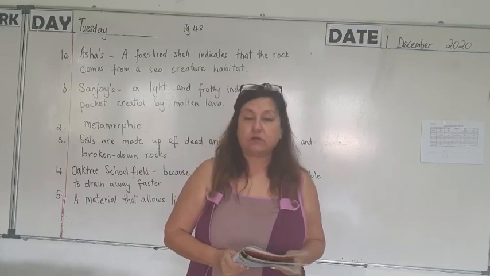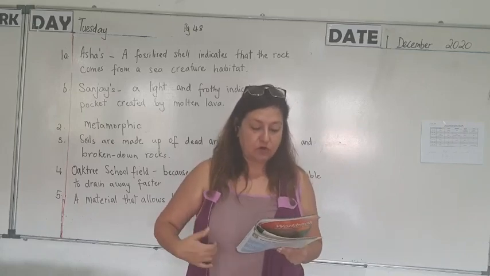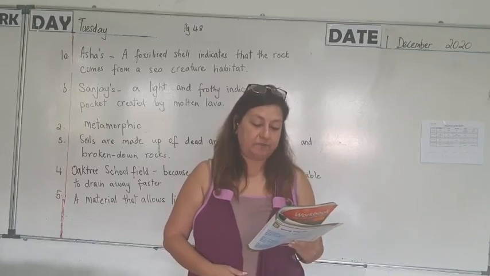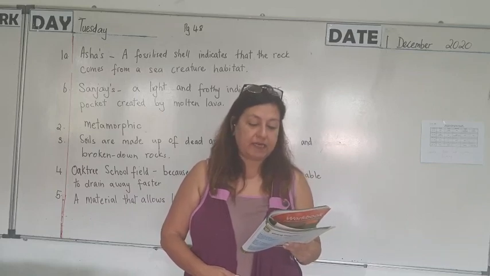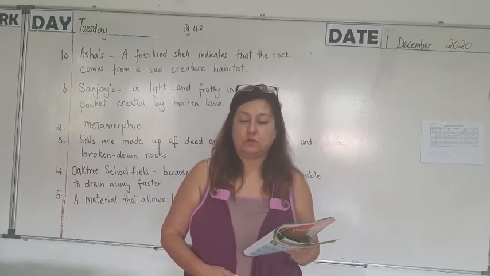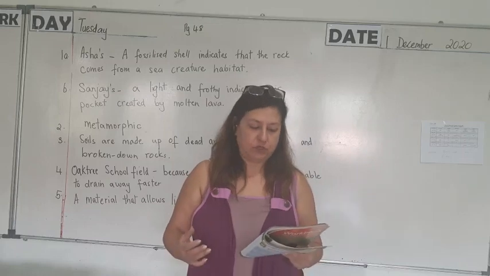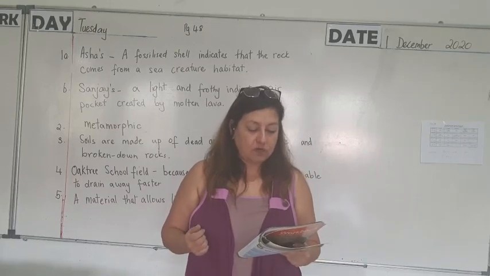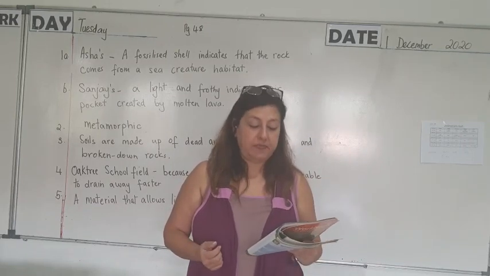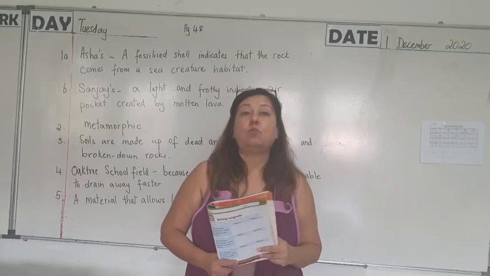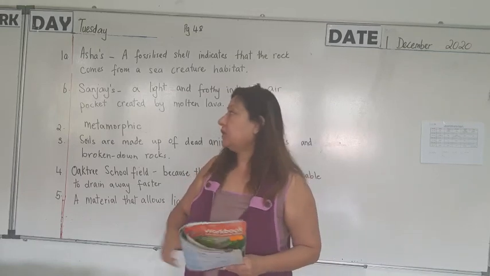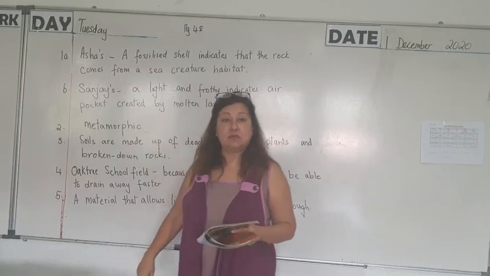So Asha's rock, number 1. Asha's rock has a fossil of a shell in it. Sanjay's is very light and frothy and full of holes. So that's an observation, okay? Now, A. Whose rock was probably formed under the sea and why? So, of course, Asha's rock is formed under the sea. Why?